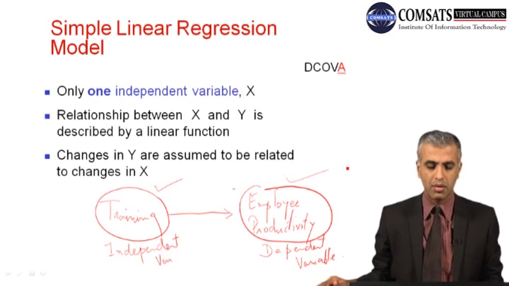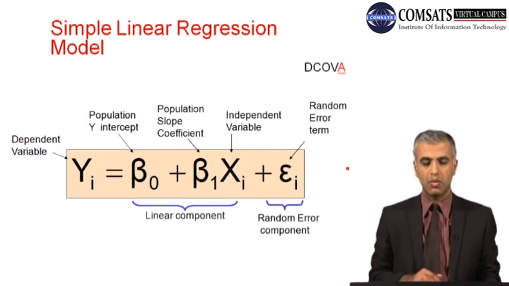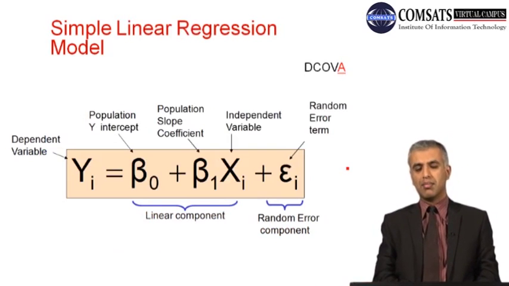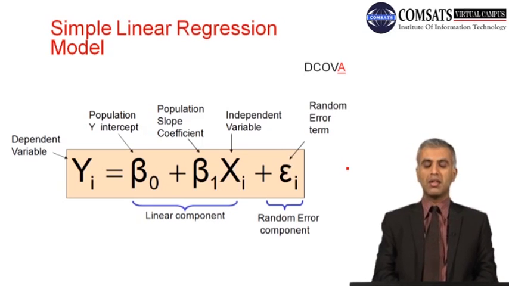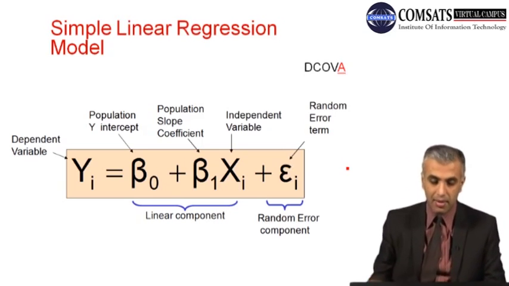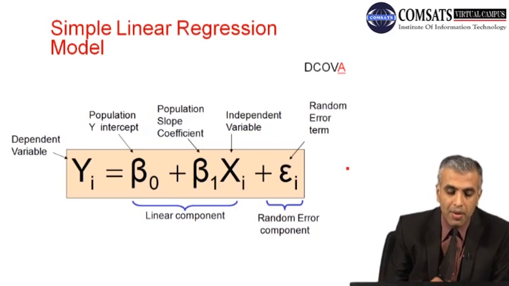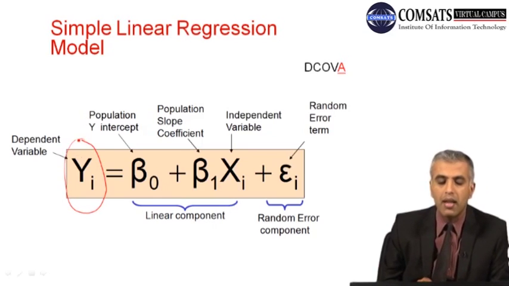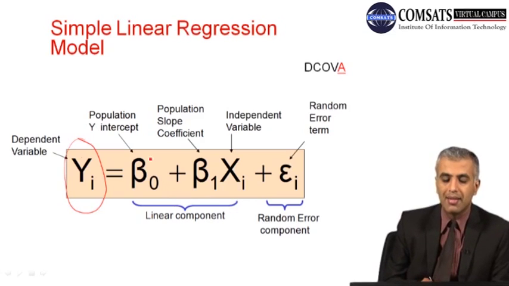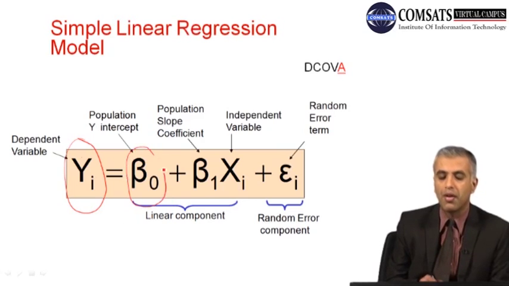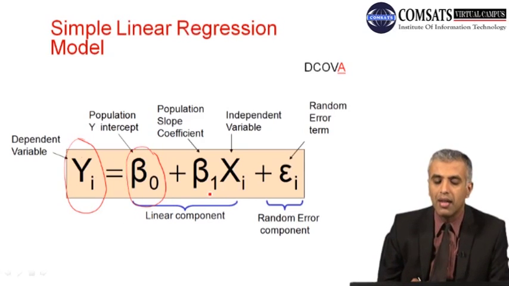Now coming to the next part, the explanation of this simple linear regression model. Here you can see the main equation which has been formulated, and the important part is that our dependent variable is portrayed here as yi, and then we have the intercept, which is also termed as b naught, and then we are dealing with the slope figure and the independent variable.